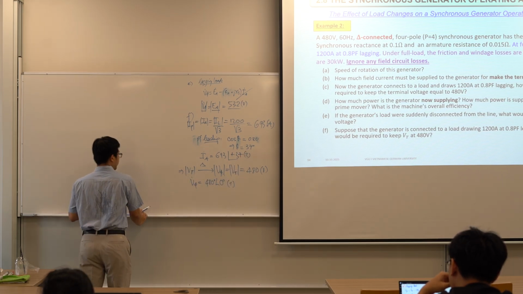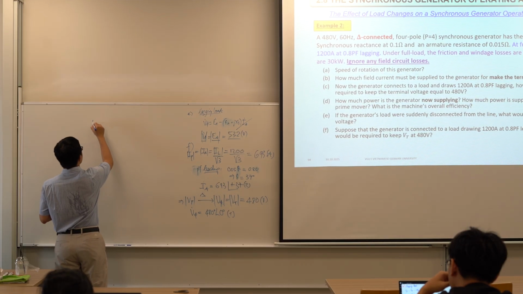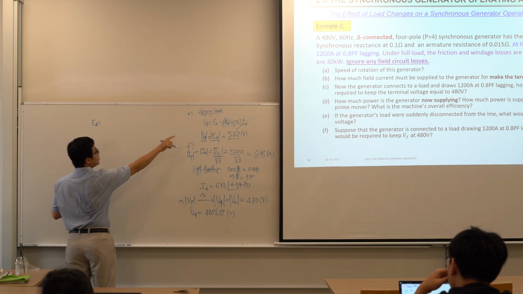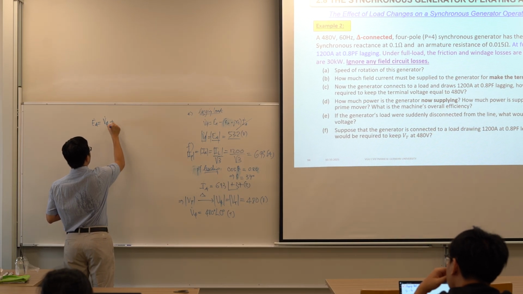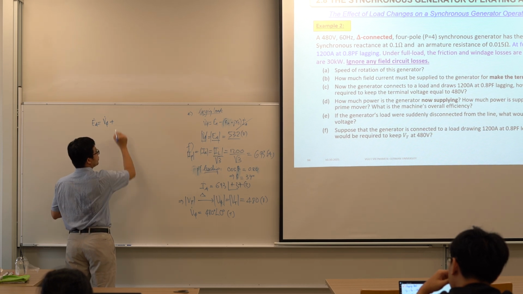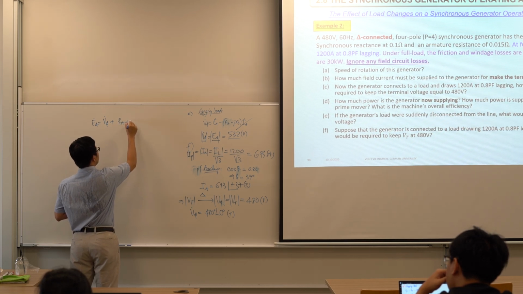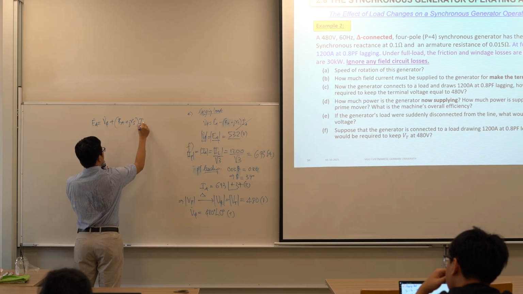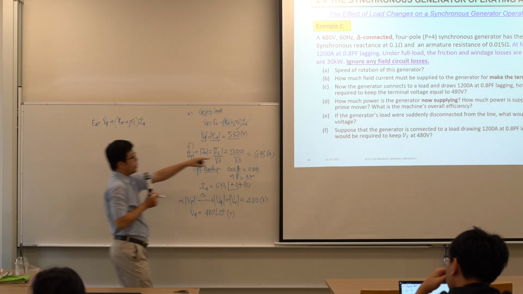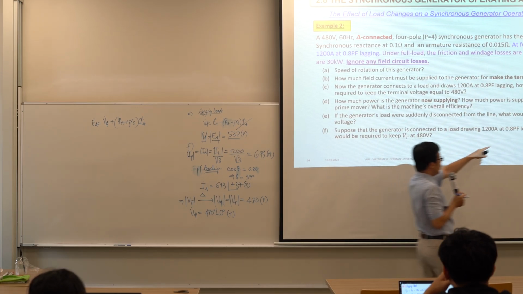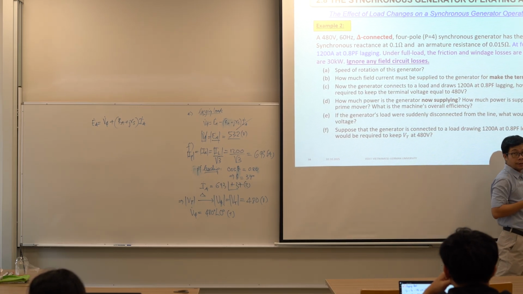So we can calculate EA. EA now is V phase plus (RA plus jXS) times IA, right? Why? Because they ask us to determine field current.